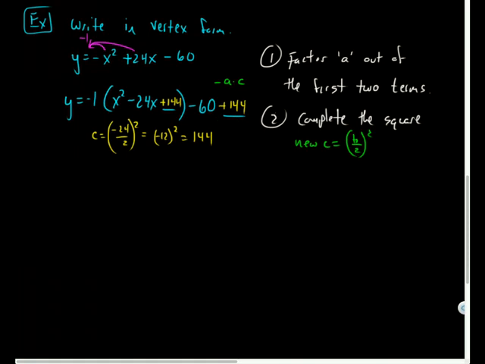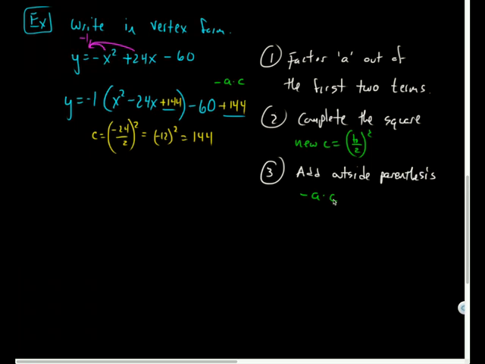All right? And then I think step 3, I'll make that its own step. Add outside parentheses the following, where negative a times new c.